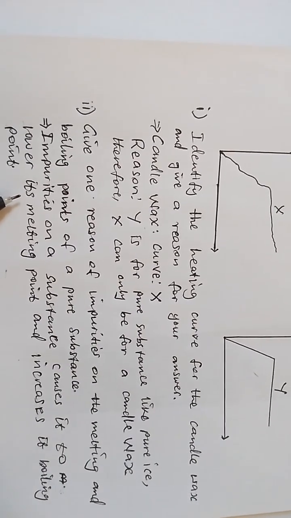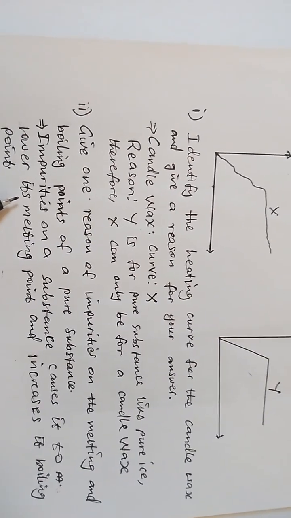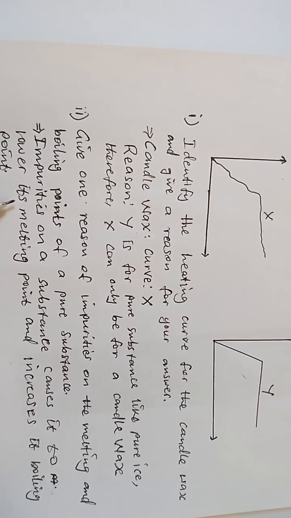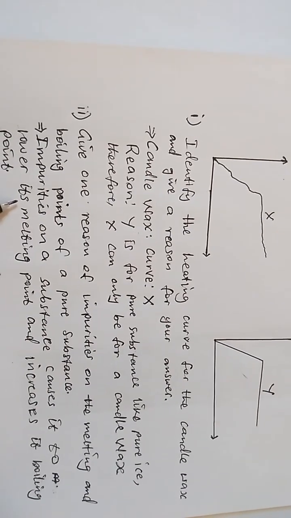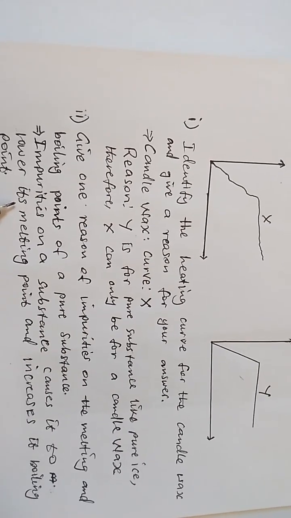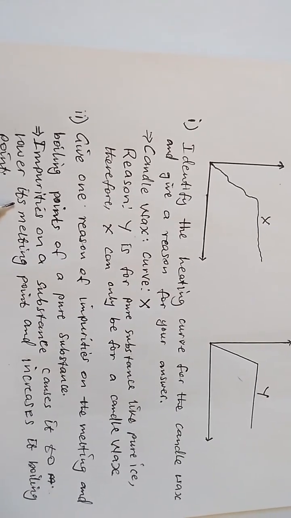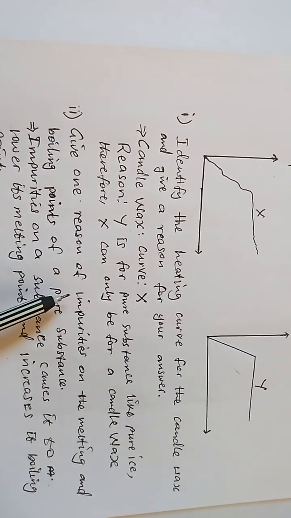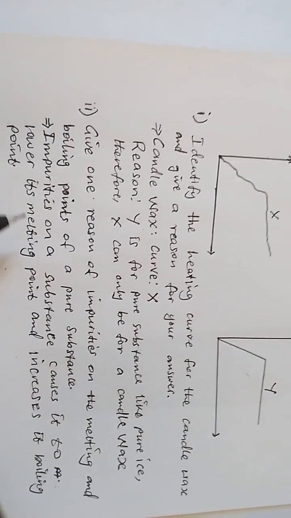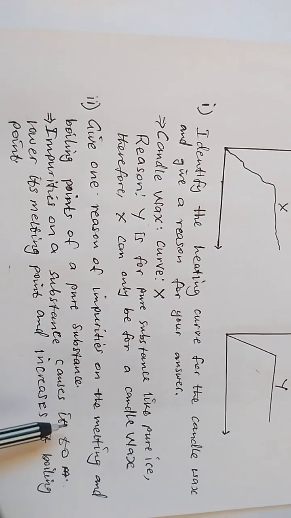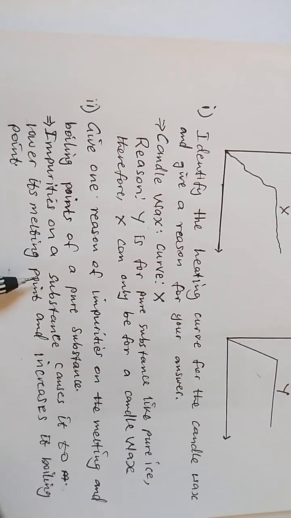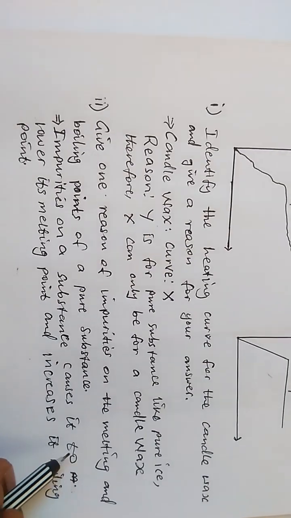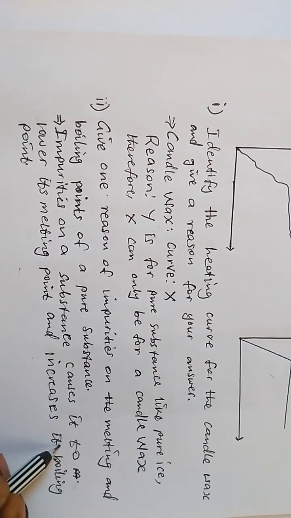If the impurity in that substance has a low boiling point, it will cause that substance to also have a low boiling point. If it is the melting point, it will cause the melting point to be lower than its normal melting point. Therefore, we can generally say impurities in a substance cause it to lower its melting point and increase its boiling point.